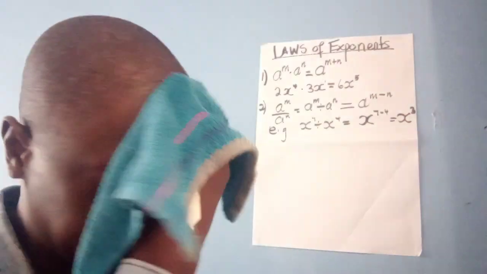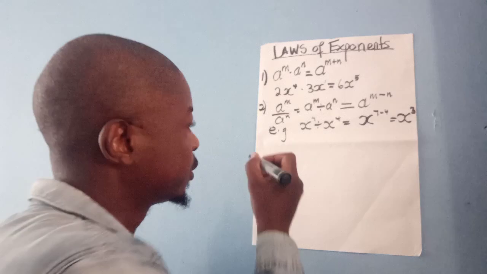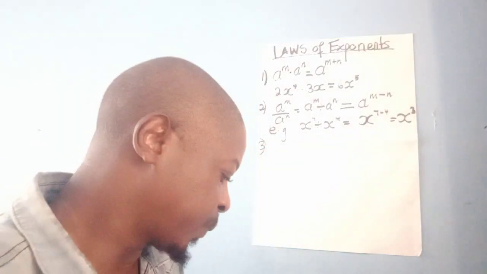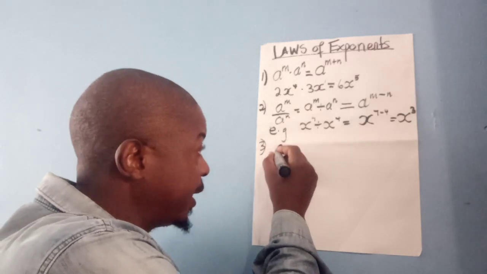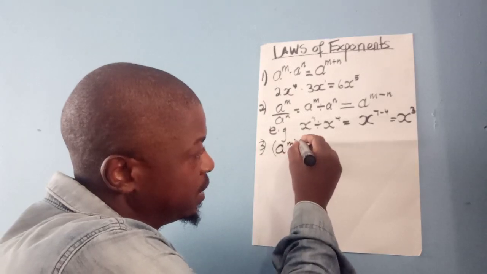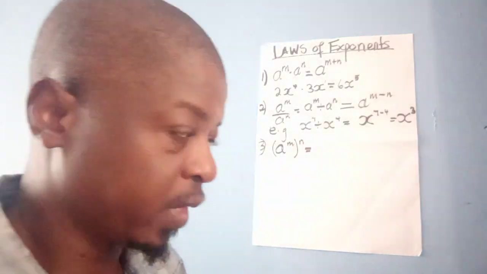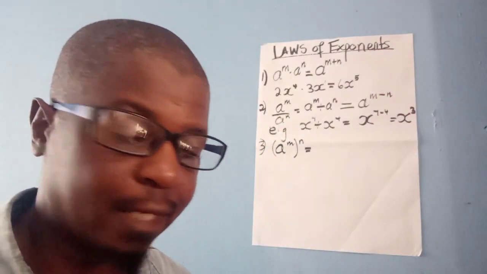That takes us to the next law of exponents, which is a to the power of m, close bracket, to the power of n. Okay, so what does this law of exponents number 3 entail?